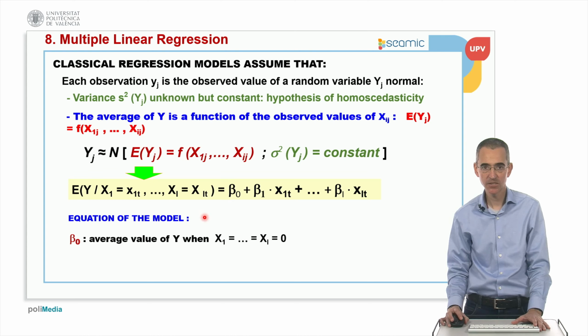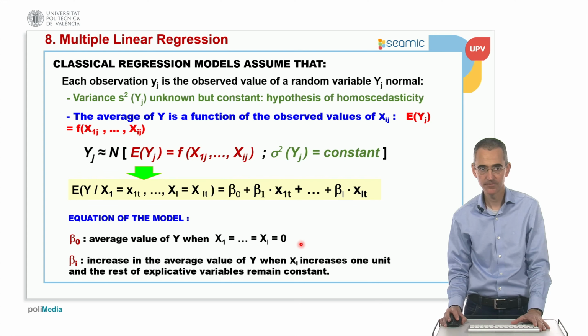What is the interpretation? When all explicative variables are 0, the expected value is beta 0. So the practical interpretation of beta 0 is the average value of the y when all the explicative variables are 0. And then what is beta? The practical interpretation is the increase in the average value of the y when x increases 1 unit.